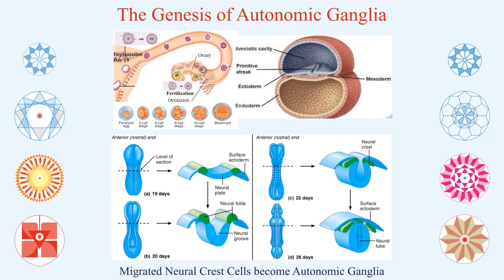The genesis of autonomic ganglia: ovum plus sperm lead to the formation of the zygote, which after taking rest for 1.5 days starts dividing into doubles, a dichotomous division: 2, 4, 8, 16.